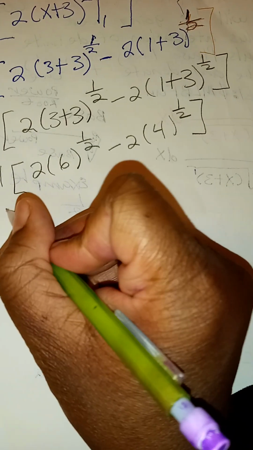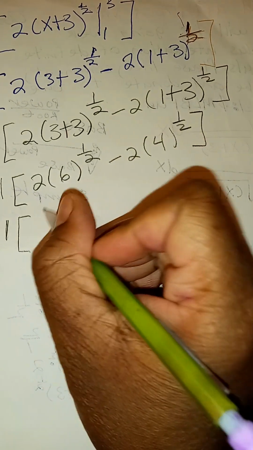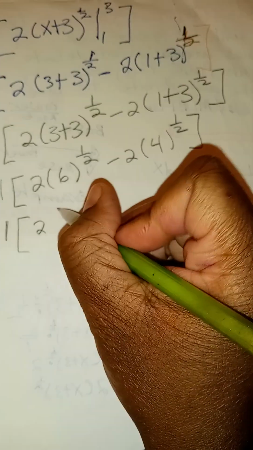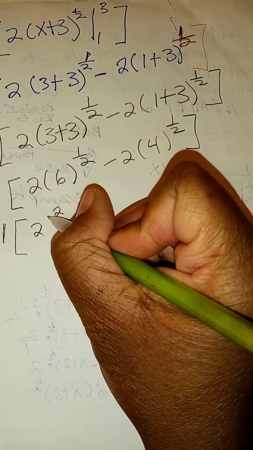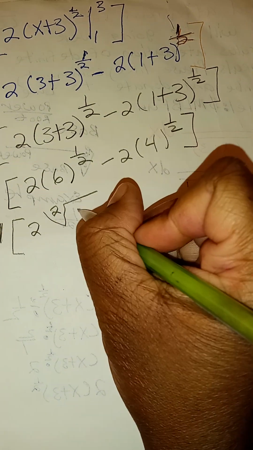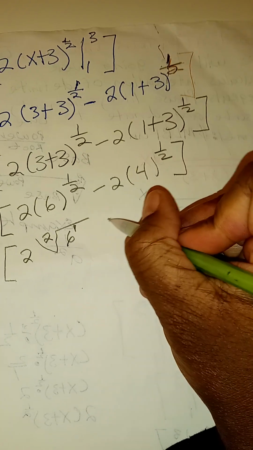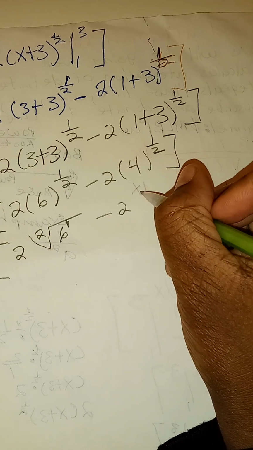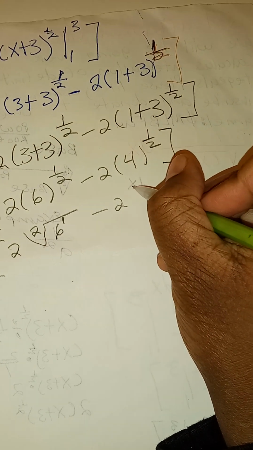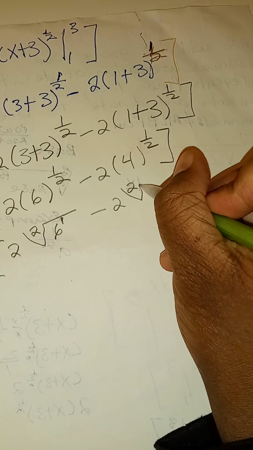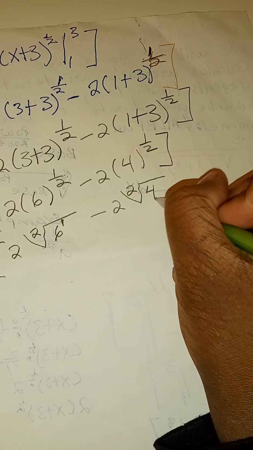So we have to flip it back. So 1 times 2 times the root index, which is 2, 6 to the power of 1, minus 2 times the root index of 2 of 4 to the first power.